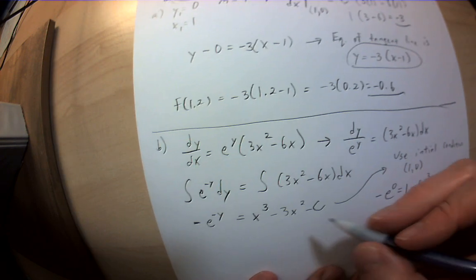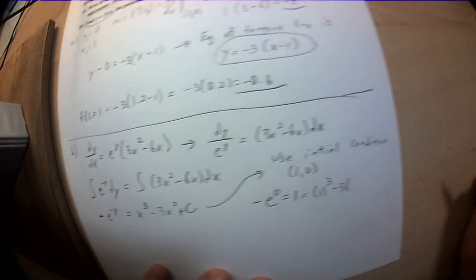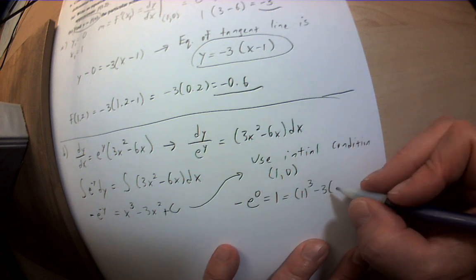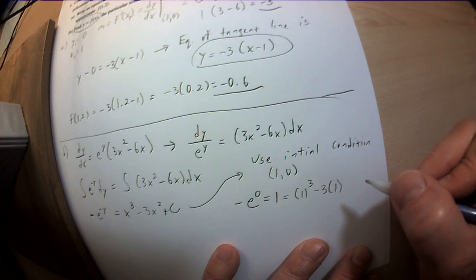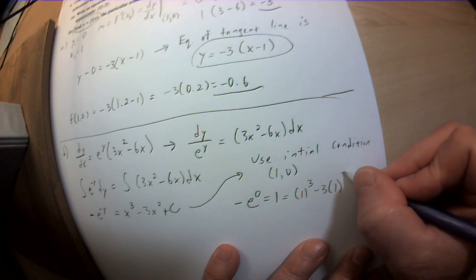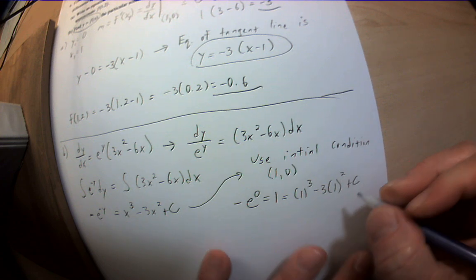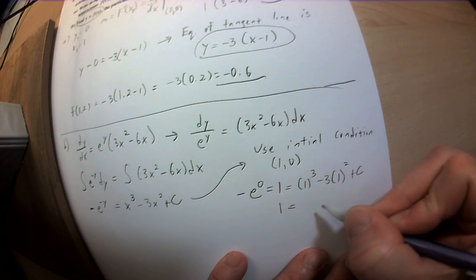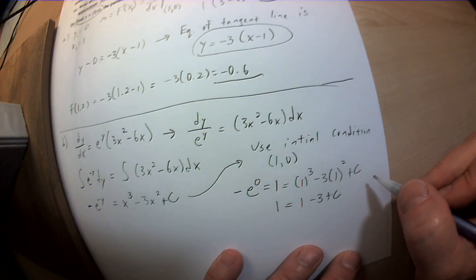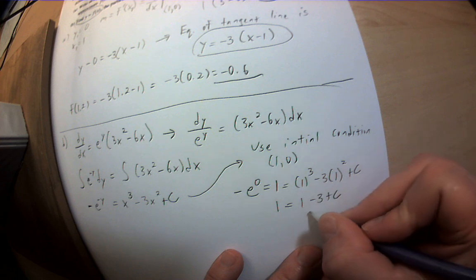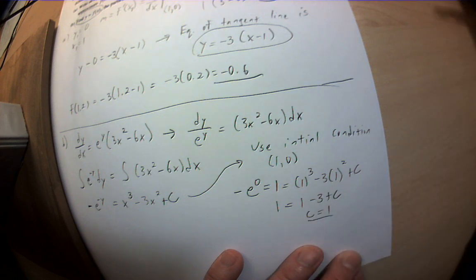Hey guys, why did I minus c? That's a plus c, sorry. It wouldn't really matter, but times 1, right? 1 squared plus c. So I get 1 equals 1 minus 3 plus c. And if you do the math, you end up seeing that c equals 1.